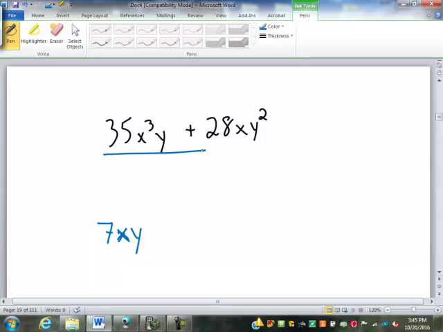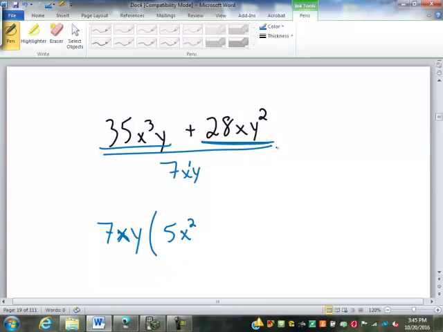So now we're going to divide by 7xy. 35x to the third y divided by 7xy is 5x squared. 35 divided by 7 is 5. X to the third divided by x, we think of it as x to the 1. 3 minus 1 is 2, so it's x squared. And y divided by y cancels out.